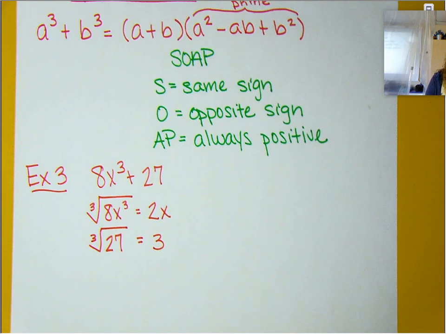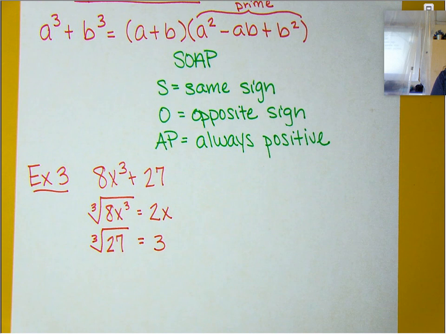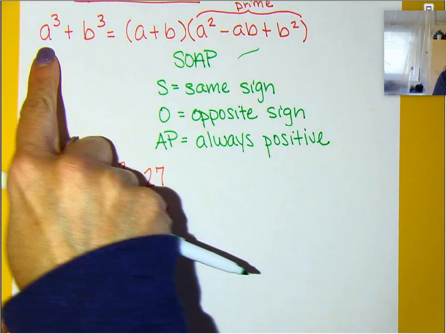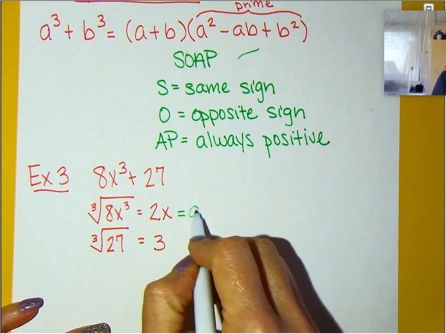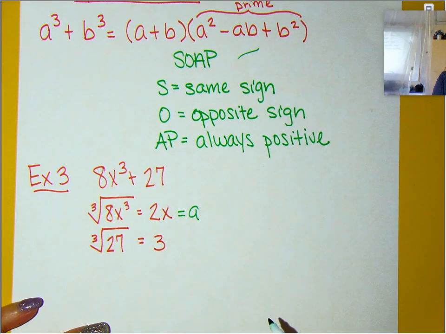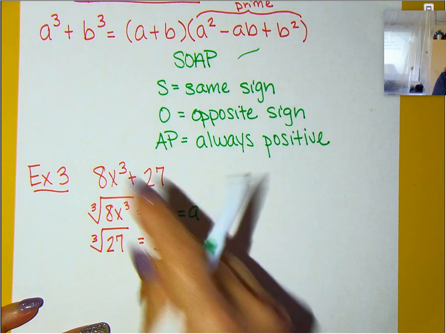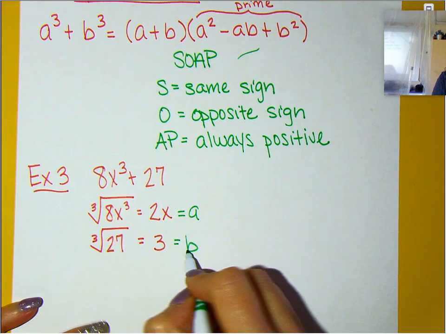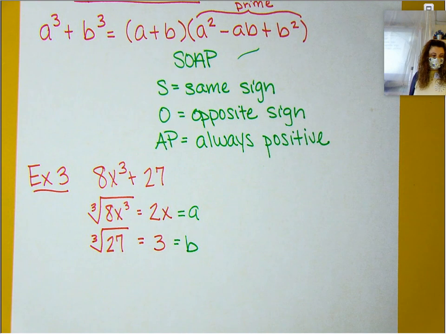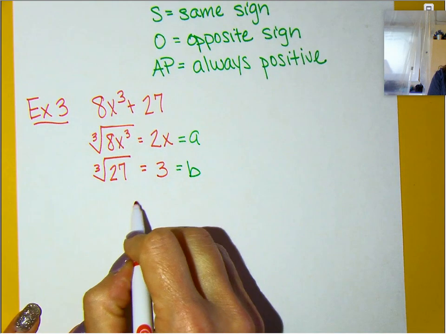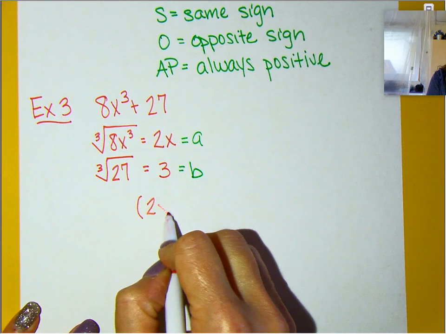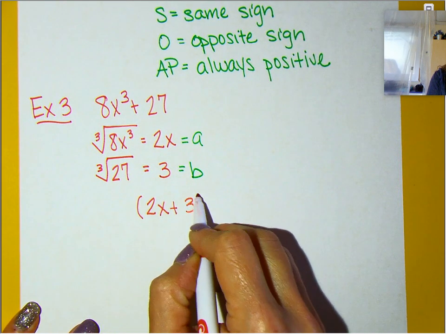So in our pattern, everywhere there's an a, we're going to use 2x. That's going to be our a. And 3 is going to be our b. So you have to take the cubed root to figure out what a and b are in the pattern, and then you're just going to sub it. B is 3.